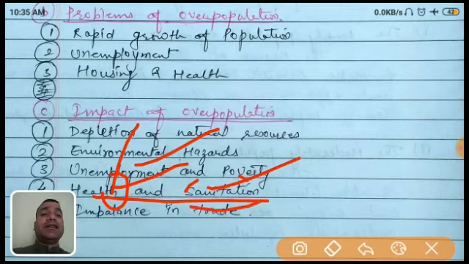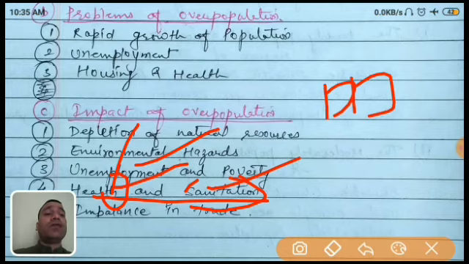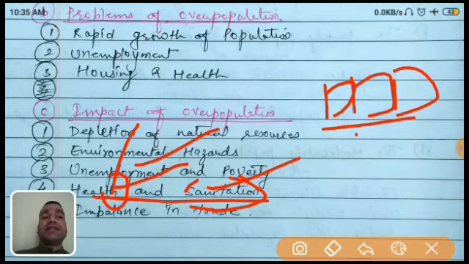In sanitation, the houses are not clean, they are living in, just like in Bombay it is called a chawl. In a chawl, in very small houses, three, four, five people are living. So there is no sanitation, it means no cleanliness. Okay, so these all are the problems, the impacts on the earth and the different aspects.